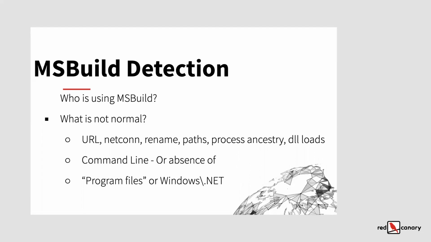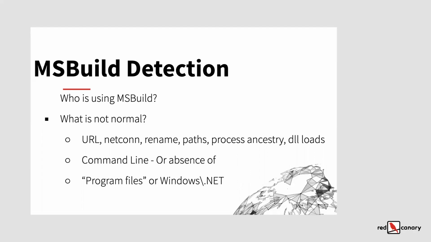Look at all those different process ancestry pieces, and even if it's been renamed, you might find instances by looking for the original file name of msbuild.exe. It's all part of the process. When you're baselining MSBuild, it's potentially a hot mess. You might find everybody's using it, and then you might find a couple where it's more one-off, and that might be your most interesting one.